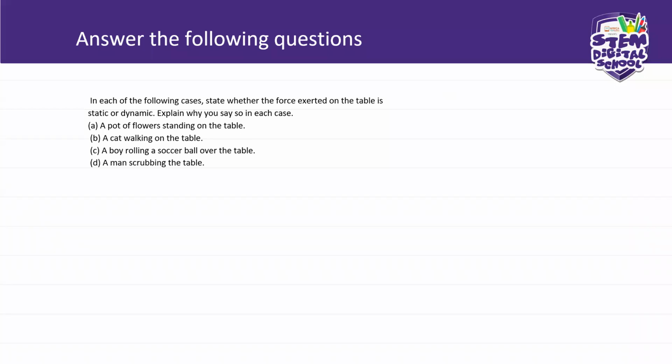D, a man scrubbing the table. Is it static or dynamic force? A man scrubbing the table.